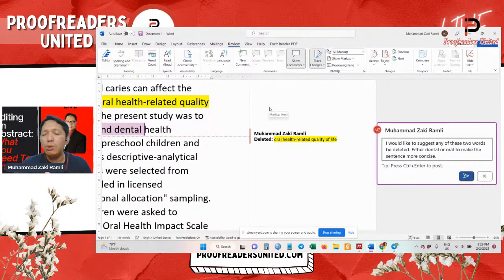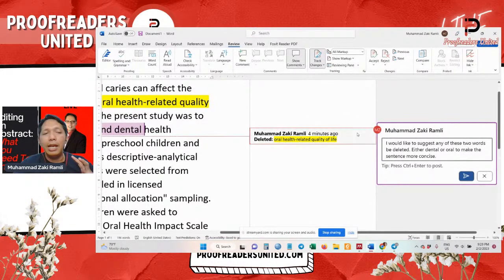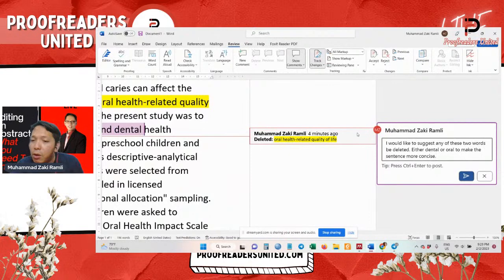So it's best to highlight the issue first, and then the client decides to agree with us or just ignore what we have suggested. At least as a proofreader working on the document, we have forwarded our concern on any part of the document that we can notice.